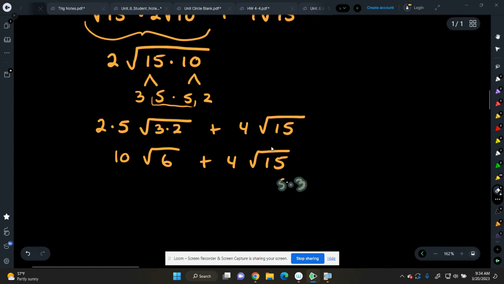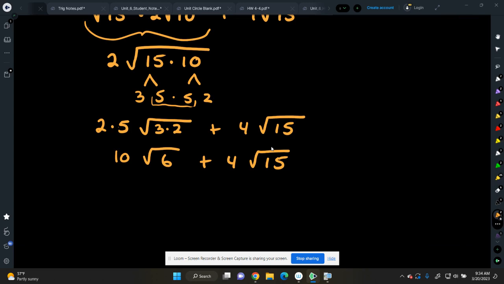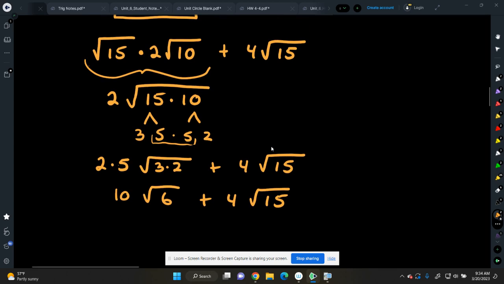So we couldn't do 20 with the square root? No, because you can't combine what's outside with what's inside. Okay, so we combine whatever's outside and we combine whatever's inside. How do we get the 5? Like 2 times 5.